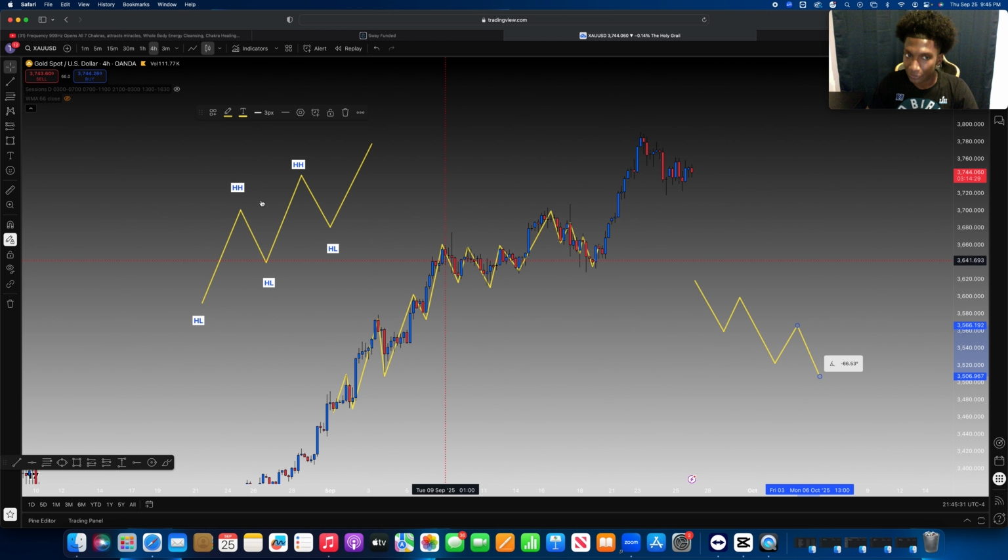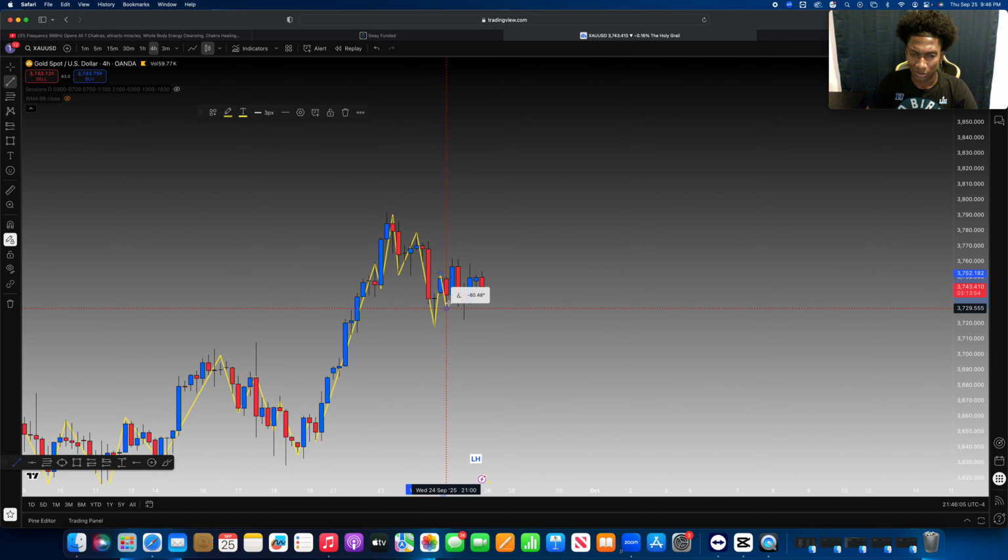So like right here on the current price of gold, price was uptrending, creating higher highs and higher lows. But then recently, price did break structure, and it's starting to move a little more bearish. One sec.